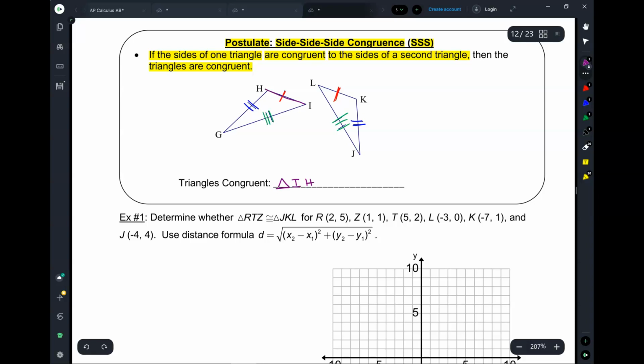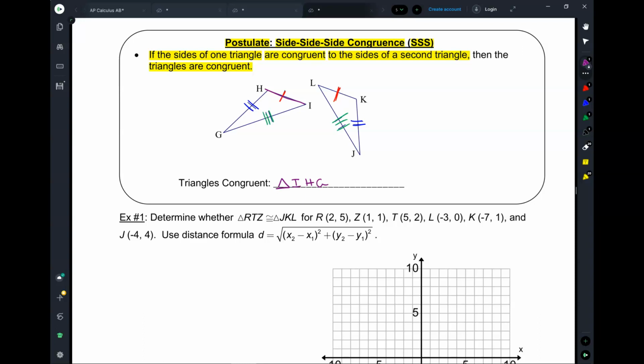I, H. That's the side with one tick mark. And then I said IHG. Is that enough to say the name of that triangle? Yeah, it is. I've given the 3 letters.